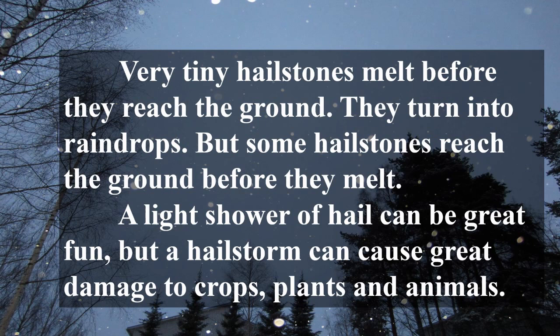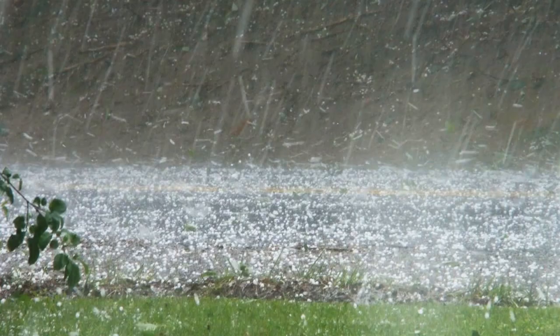Very tiny hailstones melt before they fall on the ground in the form of raindrops, but the hailstones which are very big in size reach the ground before they melt.